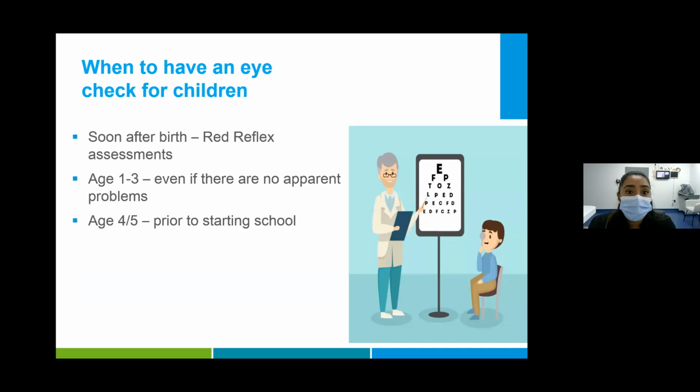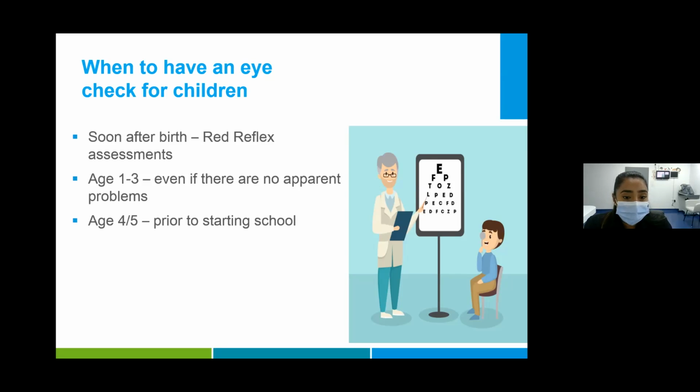So when to have an eye checkup for children? This is quite a common question that we get in clinic. At the moment, ophthalmologists are carrying out what are called red reflex assessments, which are done soon after birth. During this, they're checking for normal red reflexes and to determine whether there are any structural abnormalities in the eye.